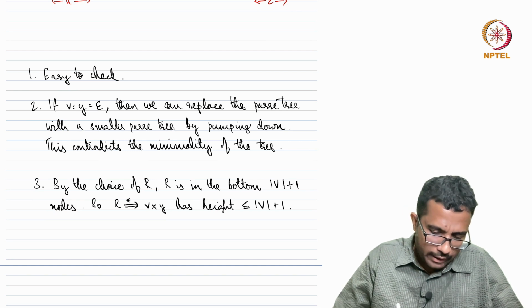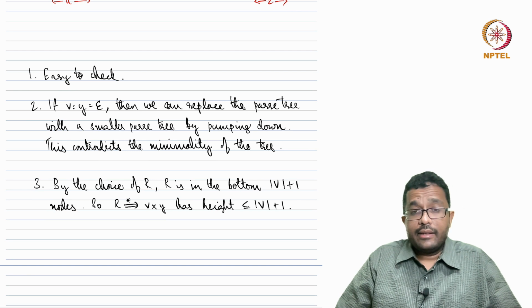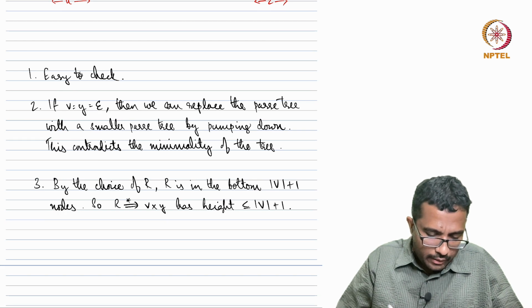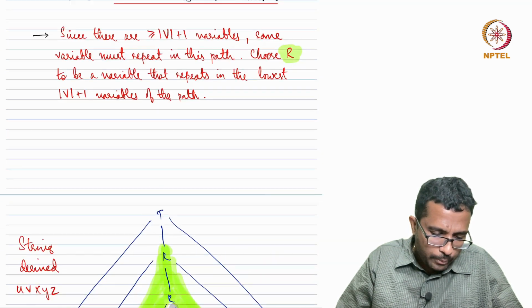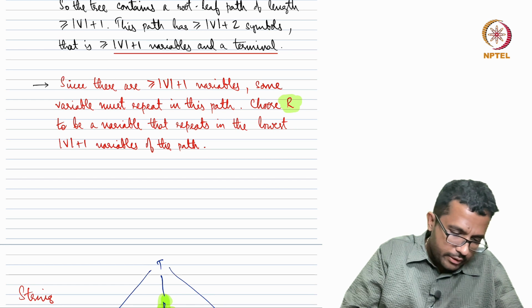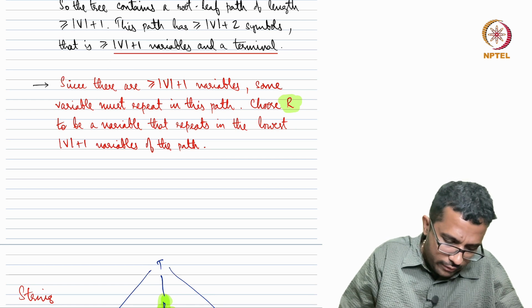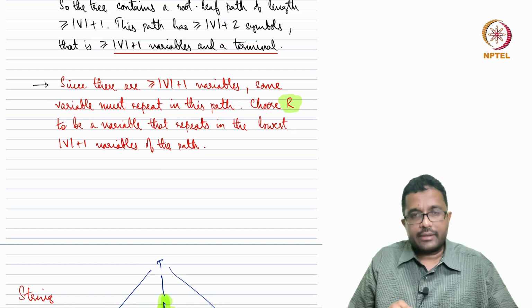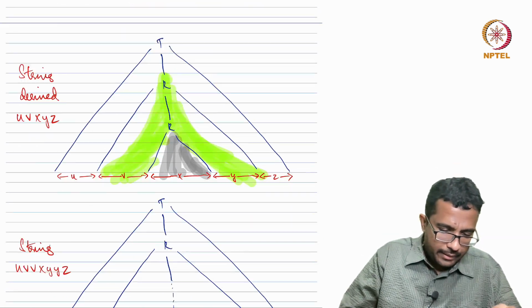And now we have to show that vxy is of length at most the pumping length. Let's see why. This is by the choice of r. We chose r to be a variable that repeats in the lowest v plus 1 variables of the path.